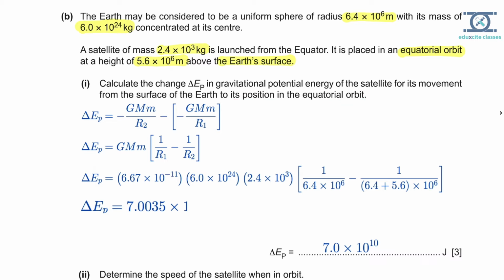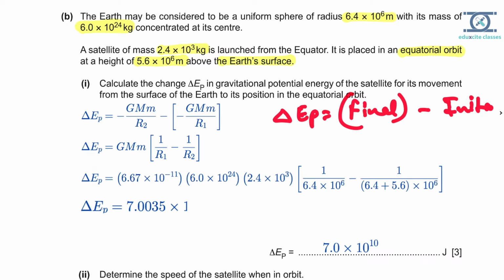I always say to all my students that whenever we are supposed to find the change in gravitational potential energy, only remember one thing: the change will always be final potential energy minus initial potential energy.